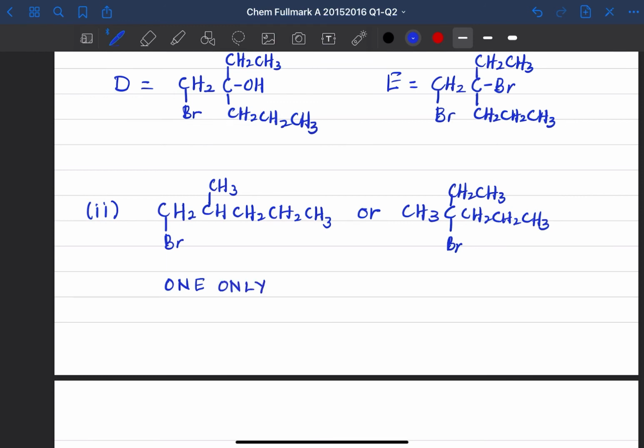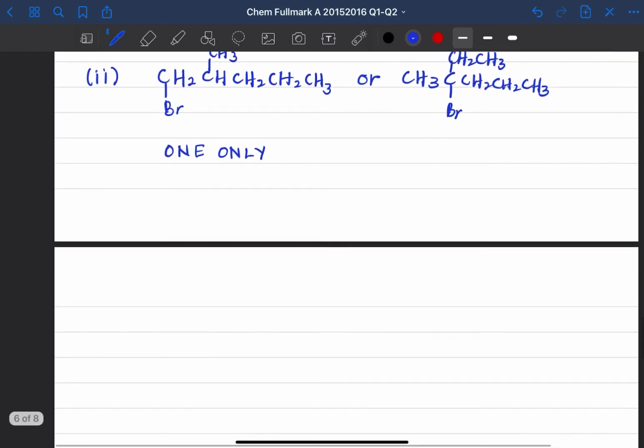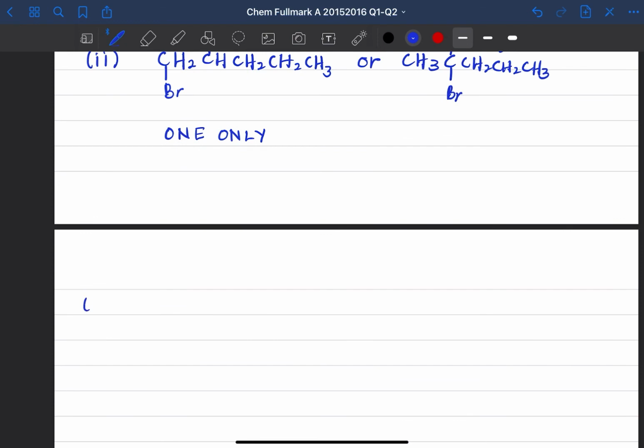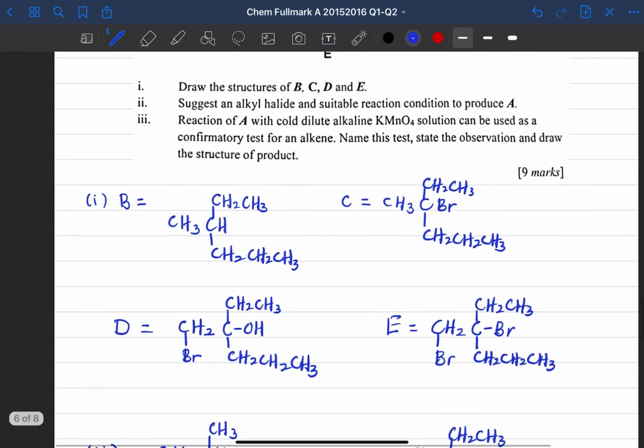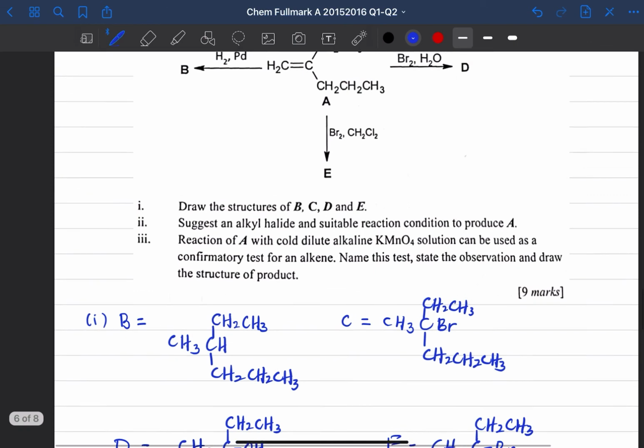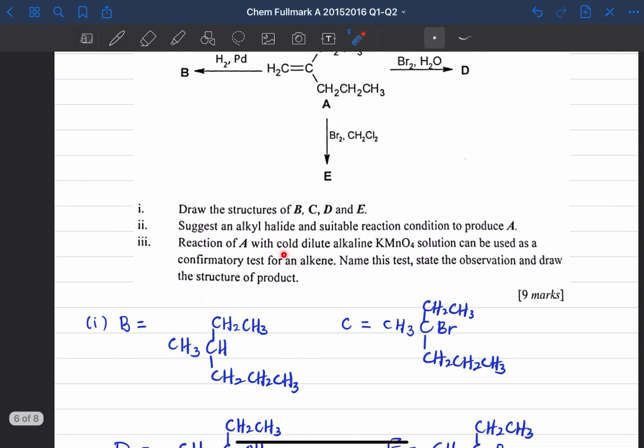Okay, next, number 3. Reaction of A with cold dilute alkaline KMnO4.